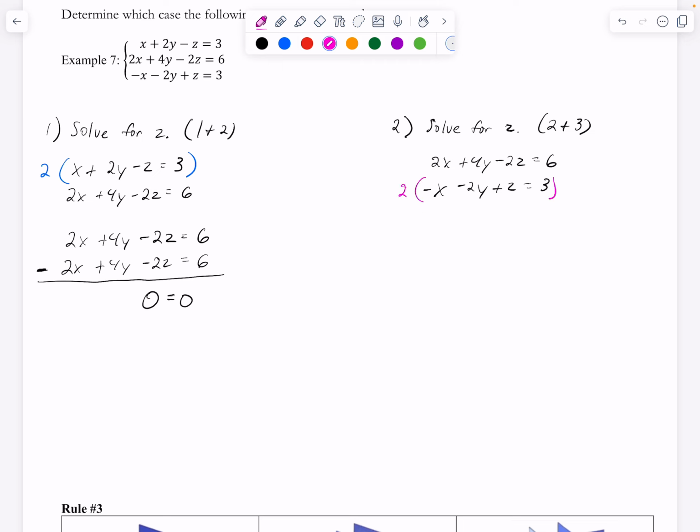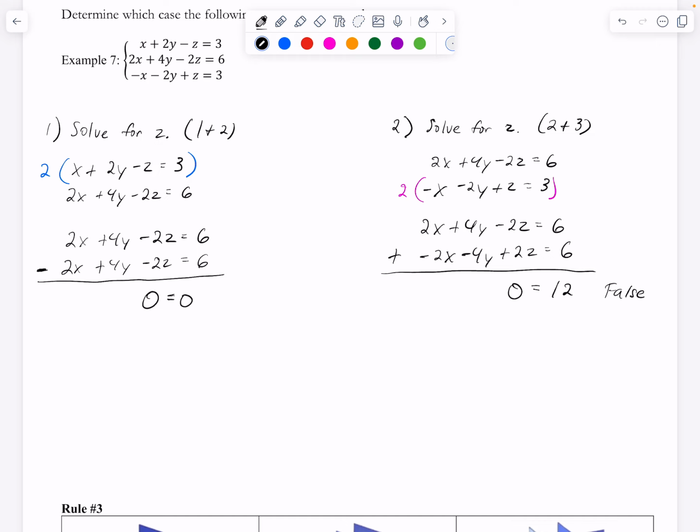This time I'm actually going to get opposites for my coefficients with z, so I will be adding to eliminate. So negative 2x minus 4y plus 2z equals 6. So I'm going to add to eliminate. And you'll notice everything on the left side of the equation becomes 0. But on the right side, it's 12. So this is a false statement.